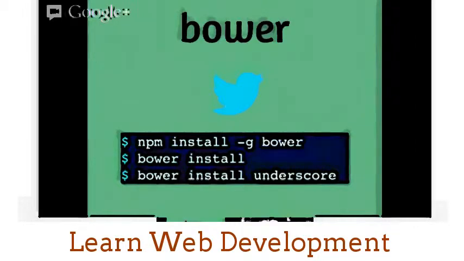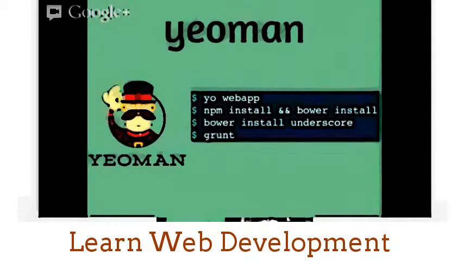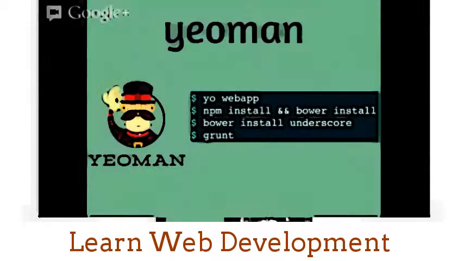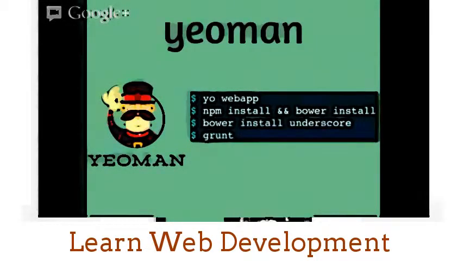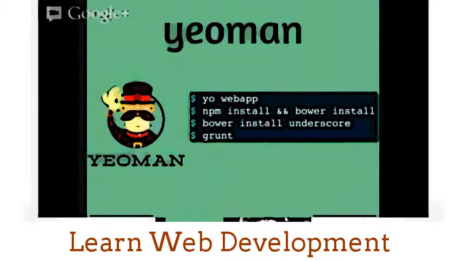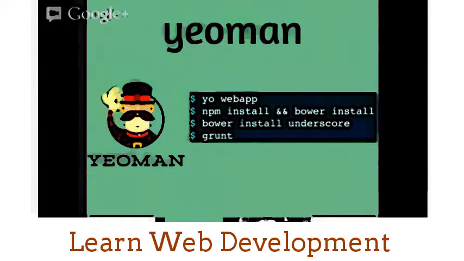And so to tie all this together is a tool called Yeoman. This is released by Addy Osmani and several other people. It integrates Grunt and Bower into a really nice workflow. So you can see here I say yo webapp, which is just scaffolding myself out a new site. Then I npm install and bower install all my dependencies. I say bower install underscore again and install the underscore library for me.